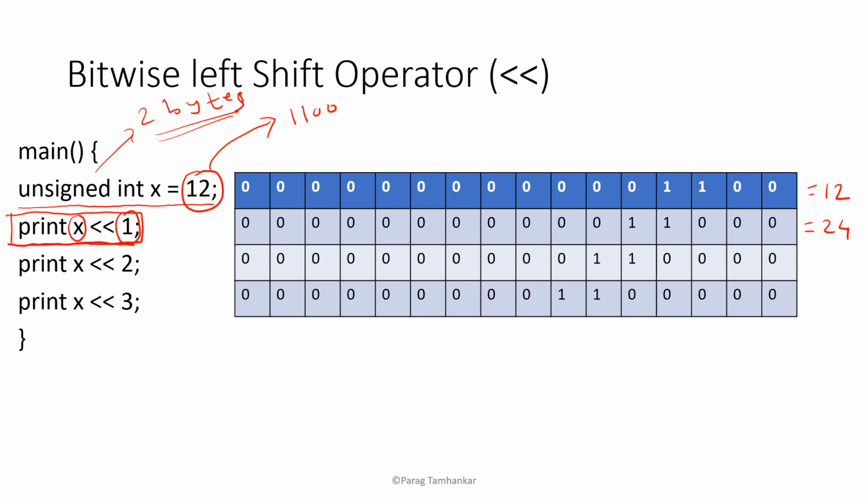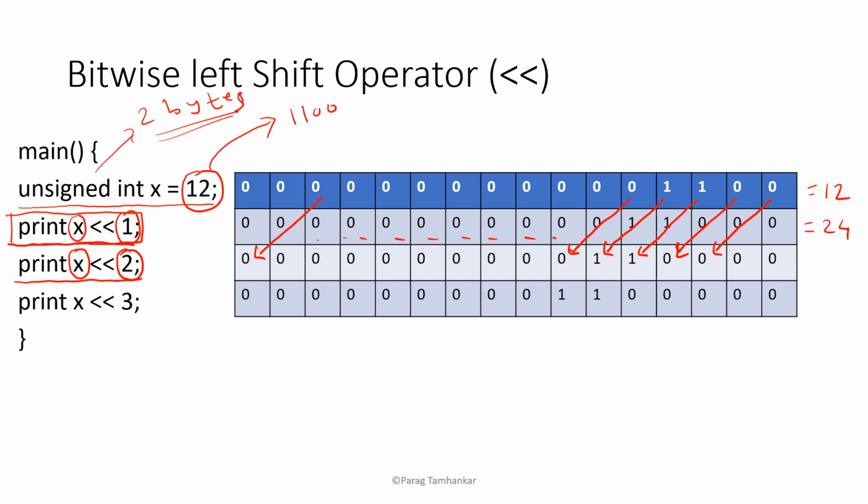Similarly, if you take the next statement, wherein each bit of x is shifted to the left by 2 positions, then this 0 will come over here, then this 0 will come over here, then this one, then this one, and so on down the line.